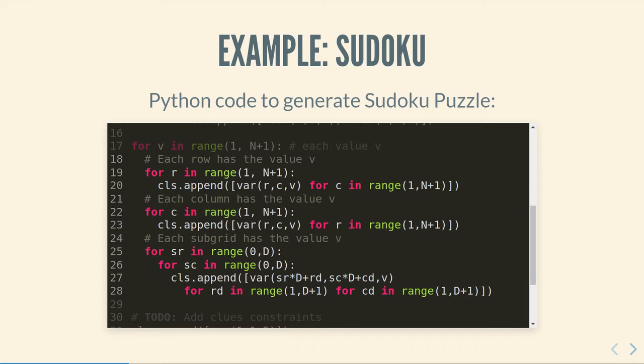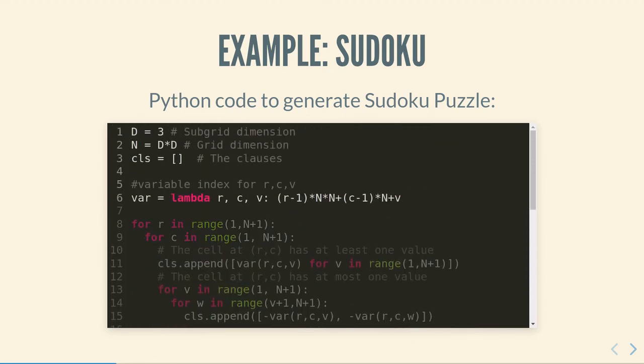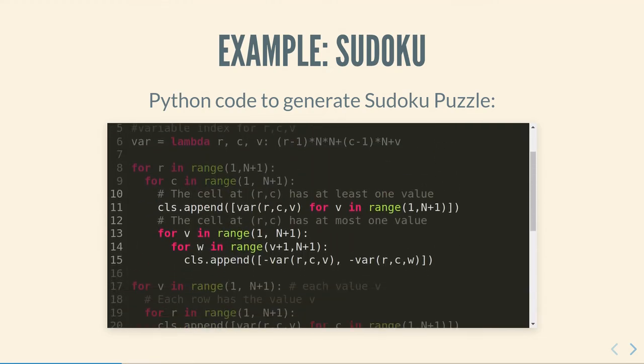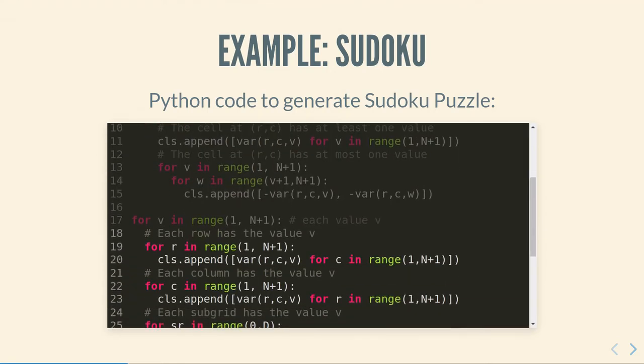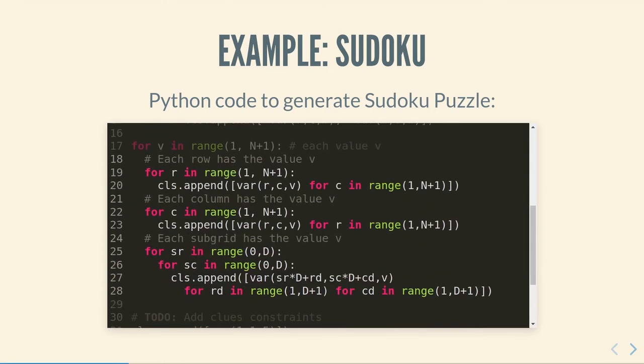Each row has the value V, each column has the value V, and each subgrid has the value V. Anyway, so once we do that, we have the constraints set up that each cell has at least one value and at most one value, and each row, each column, and each subgrid has a value V.